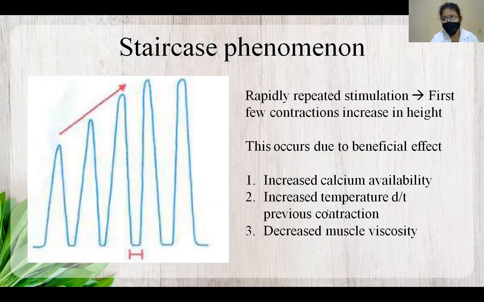Because of the previous contraction, there is also increased temperature, which increases the height of contraction. And the previous contraction decreases the muscle viscosity. So all these 3 points contribute to the beneficial effect, which causes the force of contraction to increase in muscle.